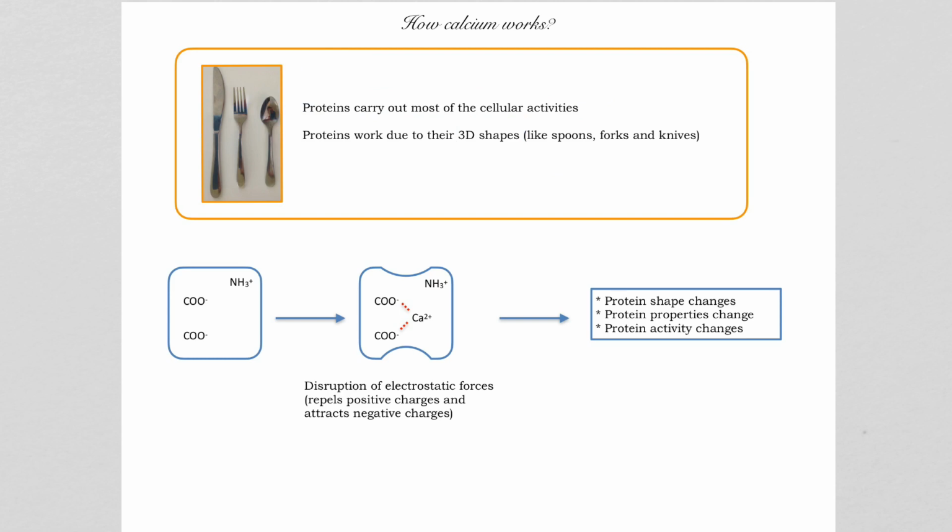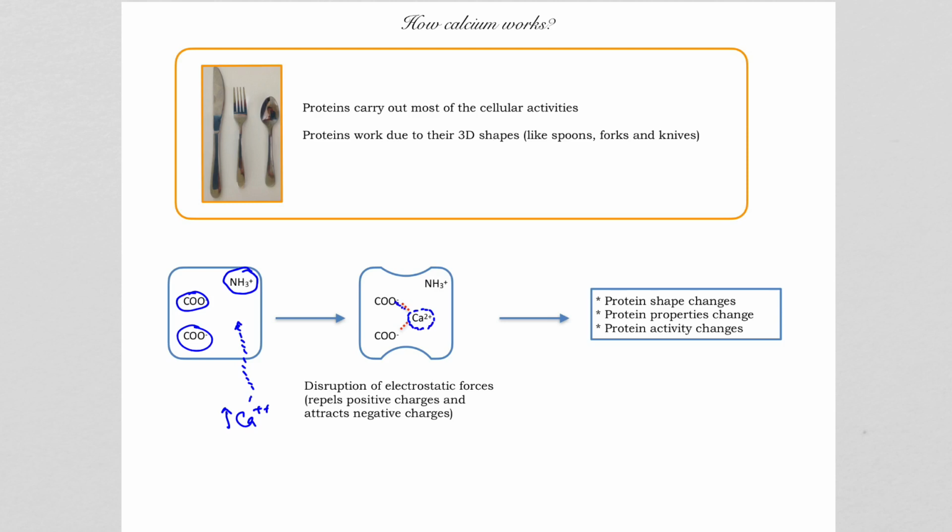So what does calcium do? Well, proteins, we'll see later, have functional groups, such as positively charged amines or negatively charged carboxyls. And when the calcium increases in the cytoplasm, this calcium can come and bind the protein, and you can see calcium is positively charged.